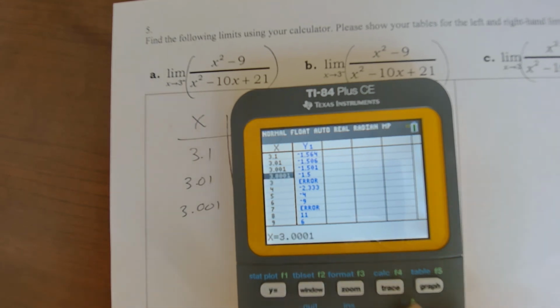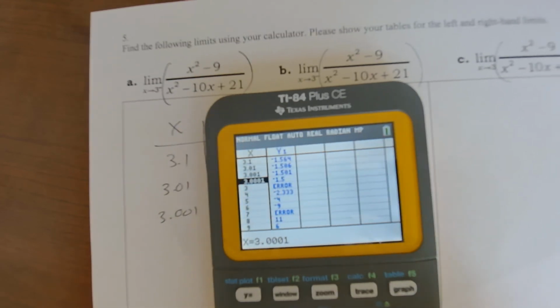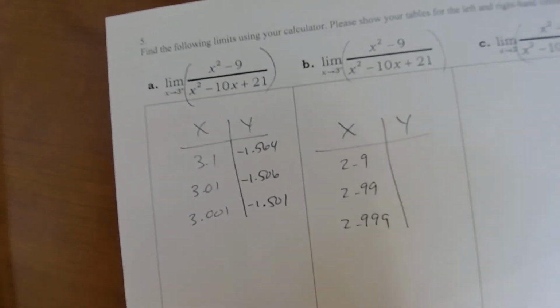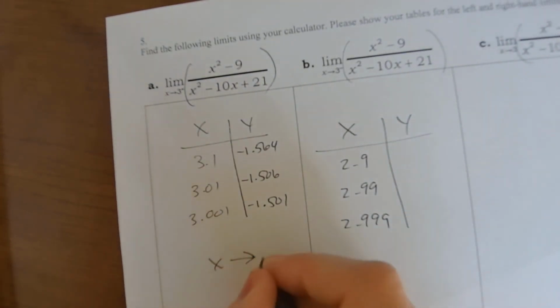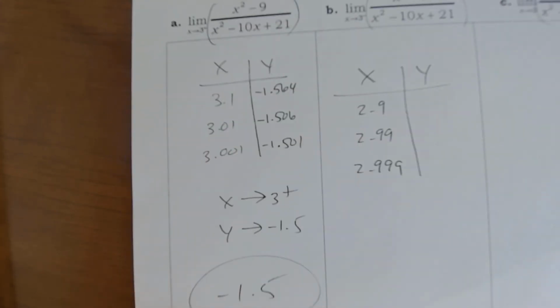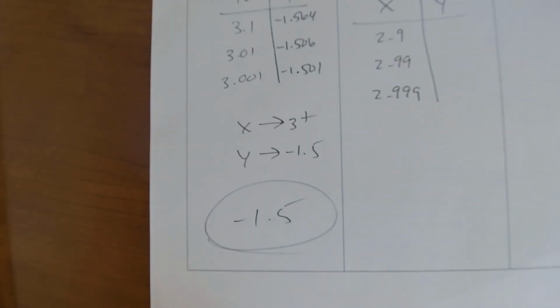Yeah. Okay, it looks right like it's at negative 1.5, but remember, if you put the cursor on it, this is the actual number, and it is true, it's getting closer to negative 1.5. So as x is approaching 3 from the right, y is approaching negative 1.5. So the answer here is negative 1.5.